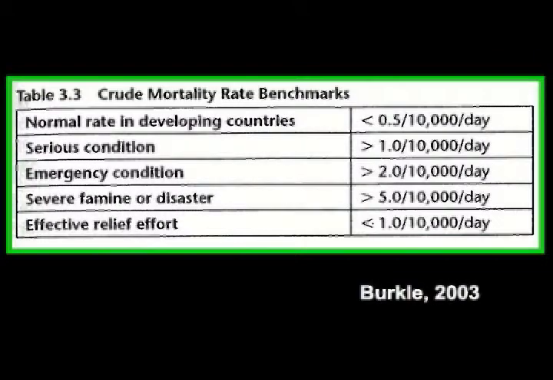When that number of crude mortality reaches 5 per 10,000 per day, we're looking at an extreme disaster event, something, a severe famine, a severe disaster, and we can gauge the effectiveness of our relief effort by watching those numbers and seeing when they get back into a more reasonable frame.